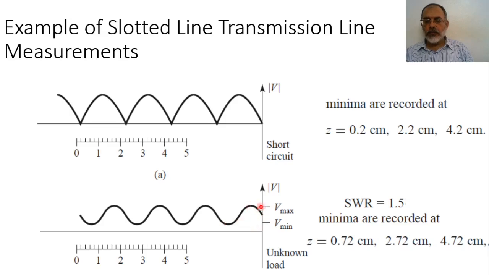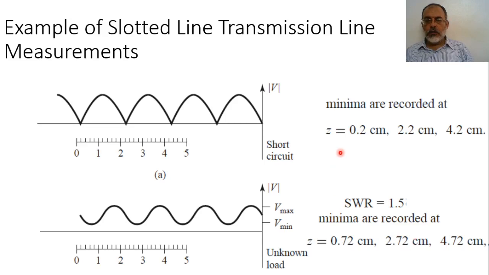Assuming that the standing wave ratio in our case is 1.5, the minima for this unknown load are obtained at 0.72 centimeters for the first minimum, 2.72 centimeters for the second, and 4.72 centimeters for the third.